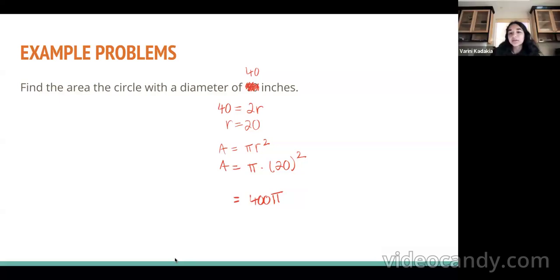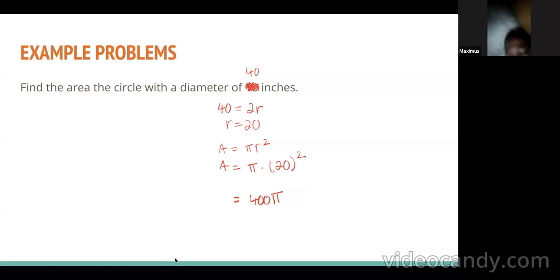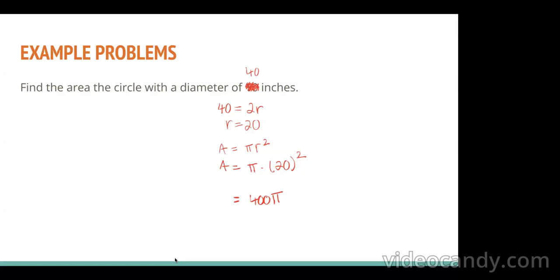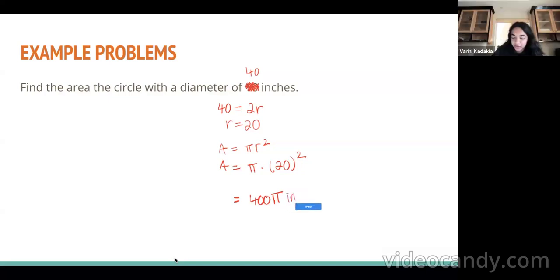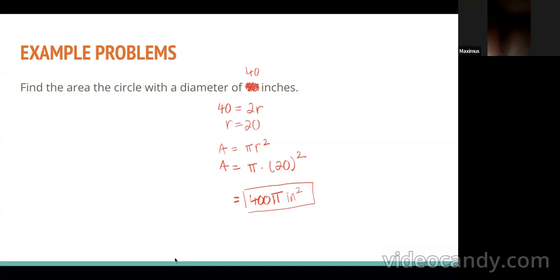It's not correct. What is it missing? What do you guys think it's missing? Inches. Yeah, it's missing inches squared. So make sure you don't forget this in your answer. Otherwise, I'm going to tell you it's wrong. And make sure it's squared, not just inches.